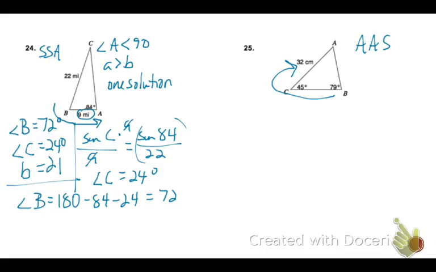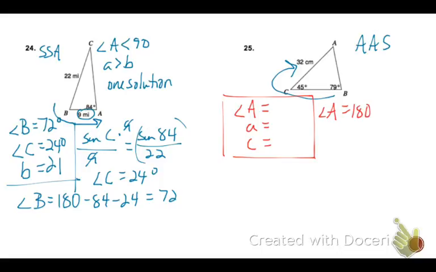We know angles B and C, so all we need to know is angle A. We know side B, so we need to find the length of side A and side C. With angle A, since we already know two angles in the triangle, let's just subtract from 180. That'll give us 56 degrees.